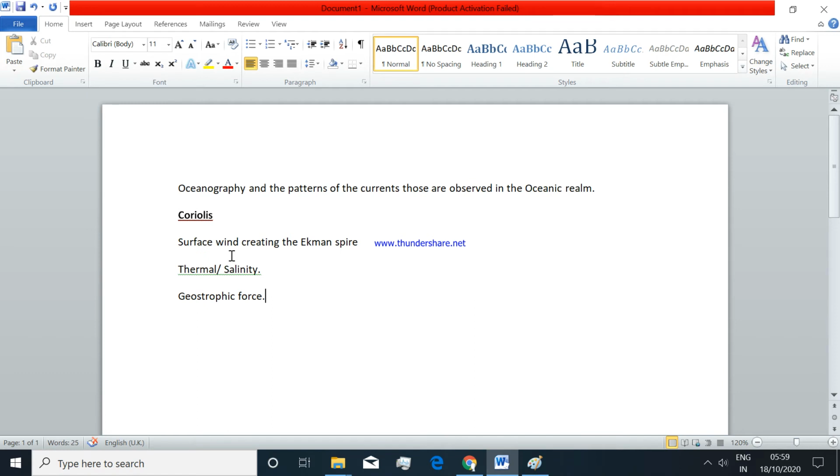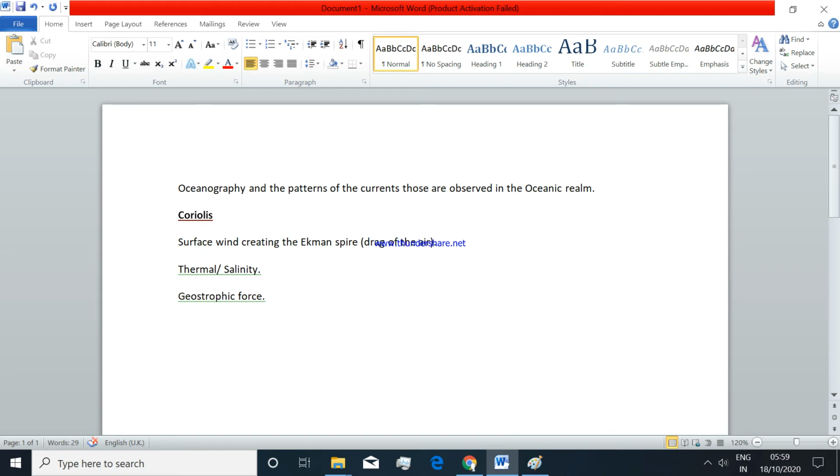The second force which affects the movement of the water columns in the oceans happens by the drag of the air.